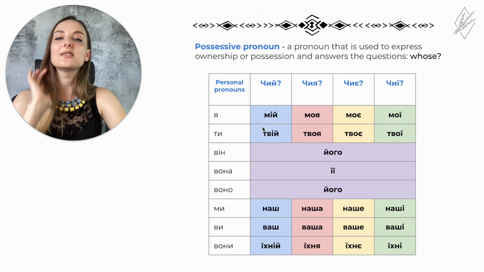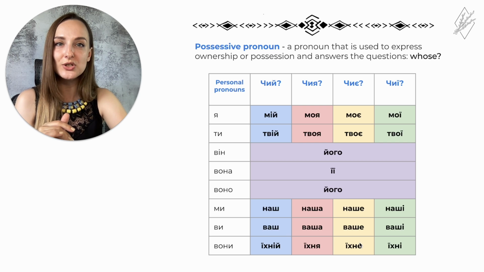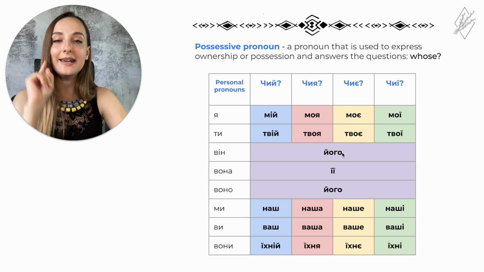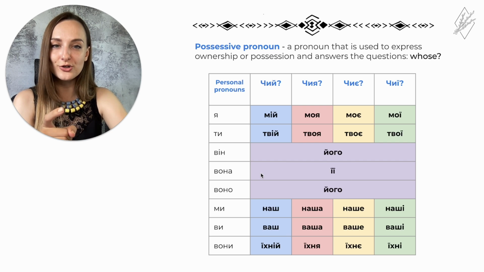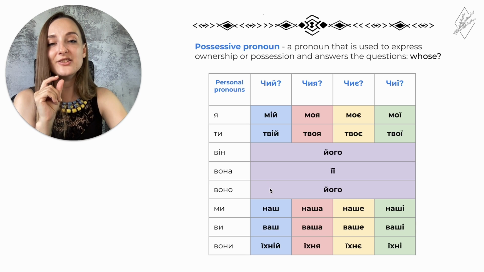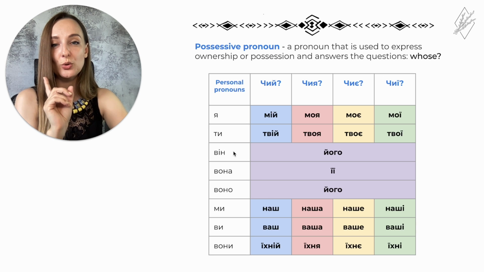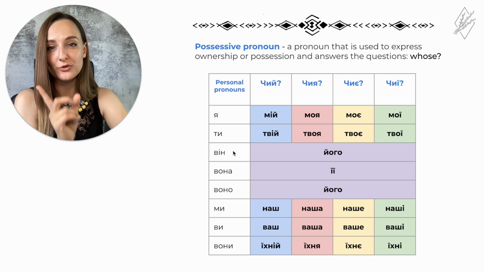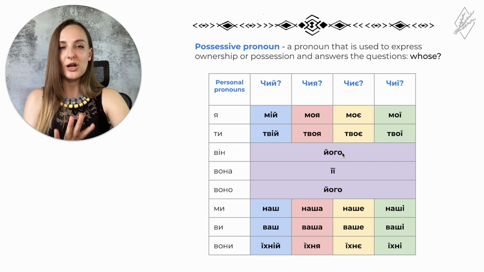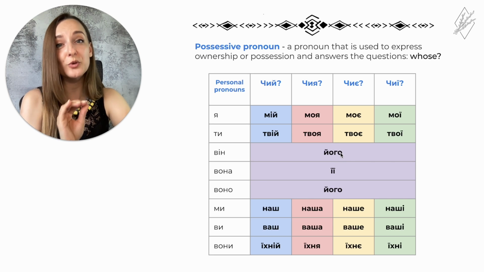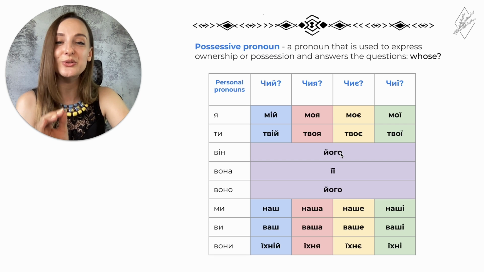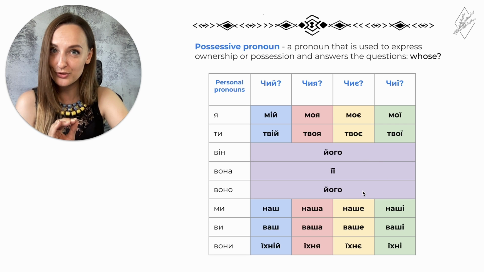And you can see that the same will work for all pronouns except for his, hers, or her, and its. So those that are formed from він, вона, and воно. They will have pronouns його, which will work for both masculine and neuter pronouns.